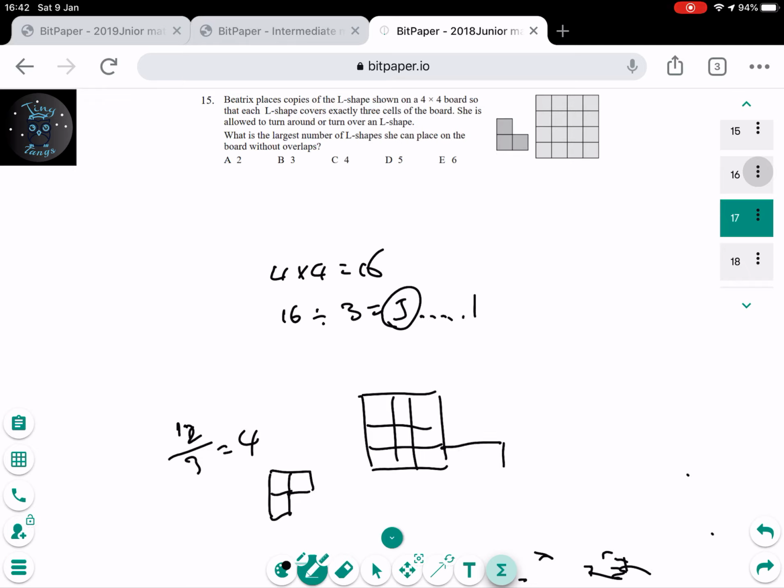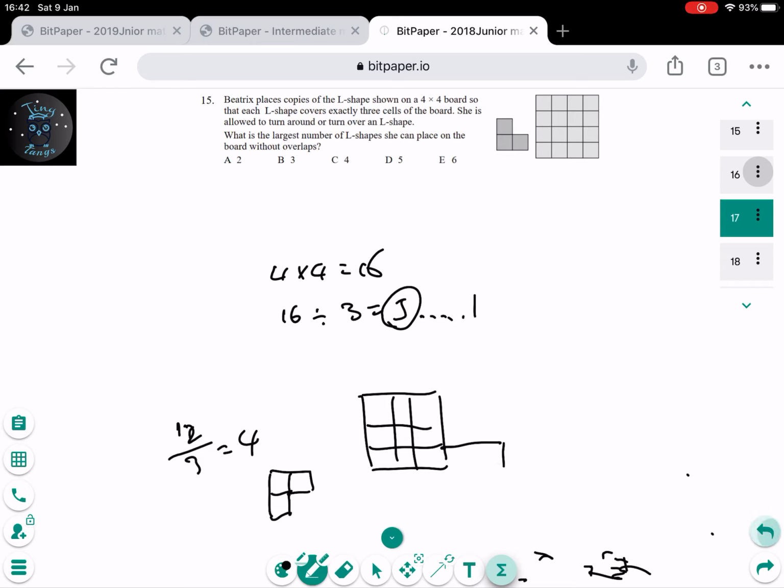But for example, 1, 2, 3, 4, 5, 6, 7, 8, 9, 11, 12. Yes, for example, you need to place that. You can only place 2, in fact. So just know that just calculating is not enough. And 3 is the maximum.